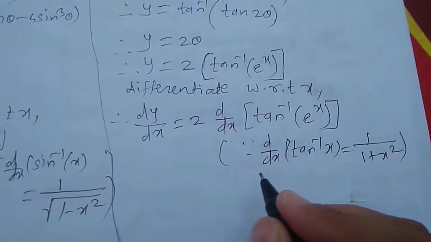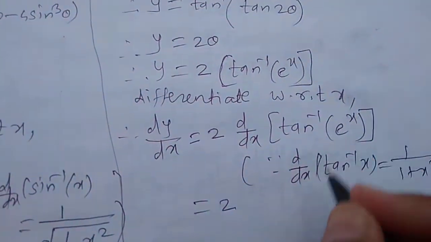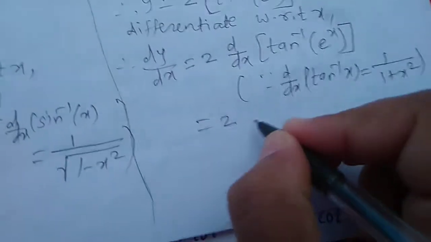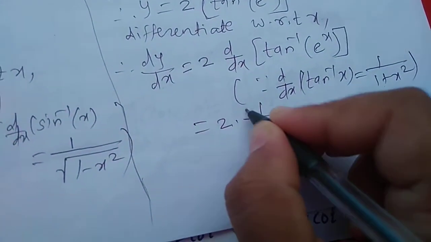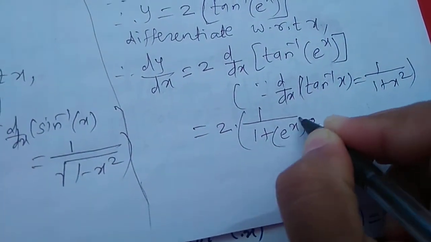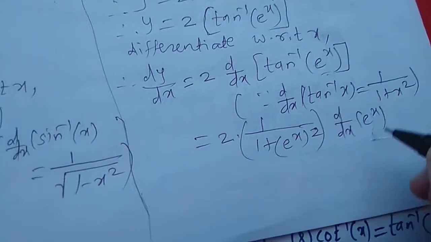So by using this formula we can find value 2 d by dx of tan inverse of e raised to x. So in the place of x we have to replace e raised to x, therefore 2 into 1 upon 1 plus e raised to x square, and again we have to take the derivative of e raised to x.